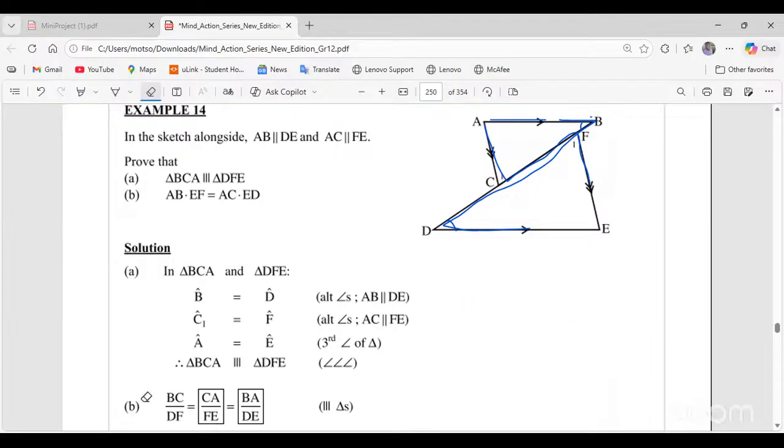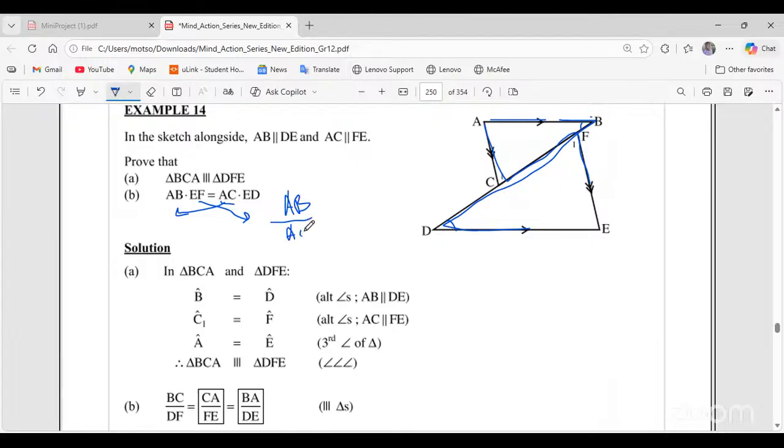Okay, they have something here, but I'm not sure if this thing that I'm going to talk about is going to make sense. You have this thing here, you have this thing. You take this one to be the denominator of that side, and you take this one to be the denominator of this side. Therefore, you will have AB over AC is equal to ED over EF, right?